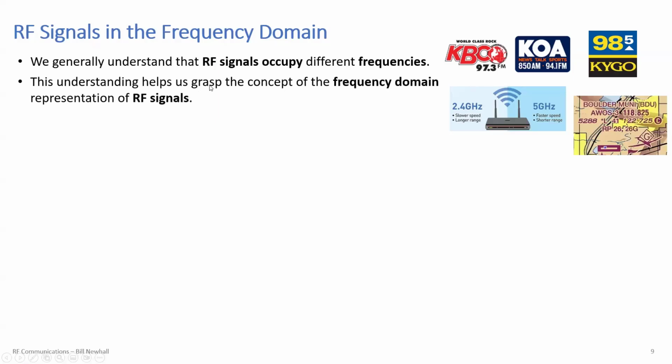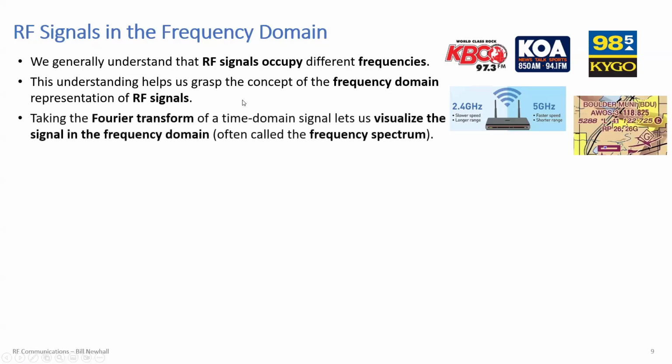So this understanding that we've seen our whole lives since we've used an FM radio helps us grasp the concept of frequency domain representation of radio frequency signals. Taking the Fourier transform of a time domain signal lets us visualize the signal in the frequency domain, and we call this frequency domain visualization the frequency spectrum.